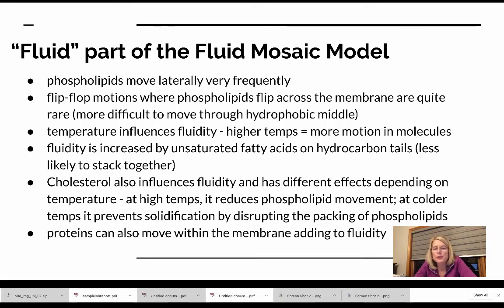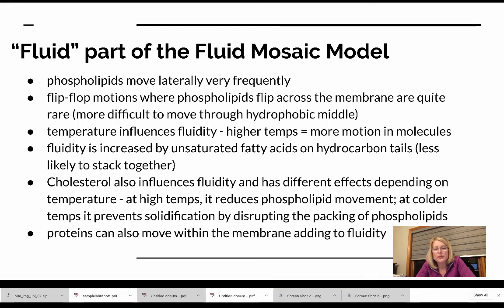So the more unsaturated fatty acids you have, the more fluid your bilayer is going to be, the more dynamic, the more in motion it's going to be. And so we want that. We want this fluid model for our cell membranes because the more in motion it is, the easier it is to transport things across.